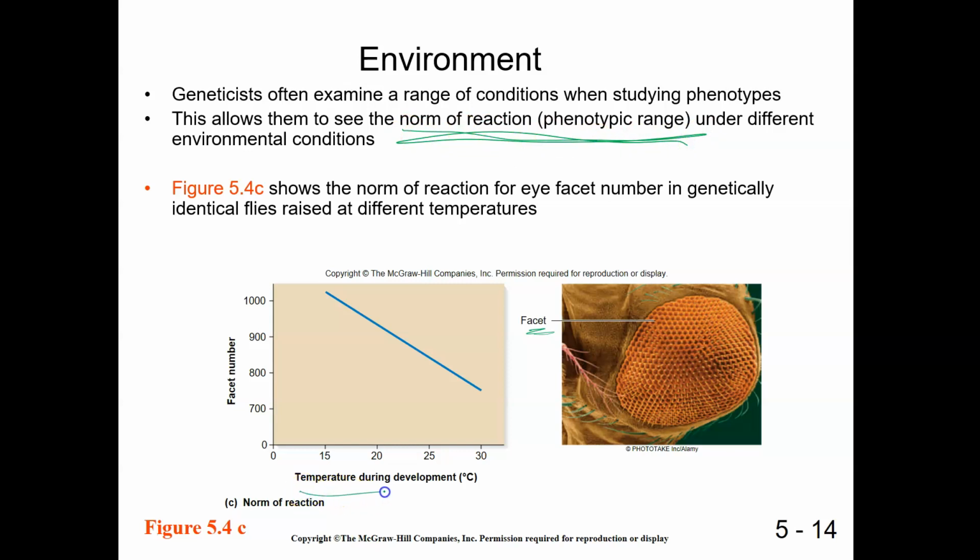So the temperature that fly larvae, aka maggots, grow up at influences the number of ommatidia or facets on their eyes. If Drosophila grow at a lower temperature, 15 degrees, they end up with a whole lot of facets on their eyes. Now, what would a lower temperature reflect in the natural environment?